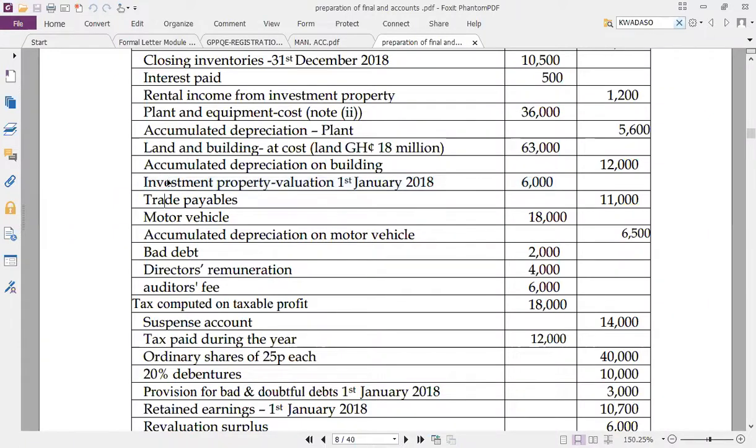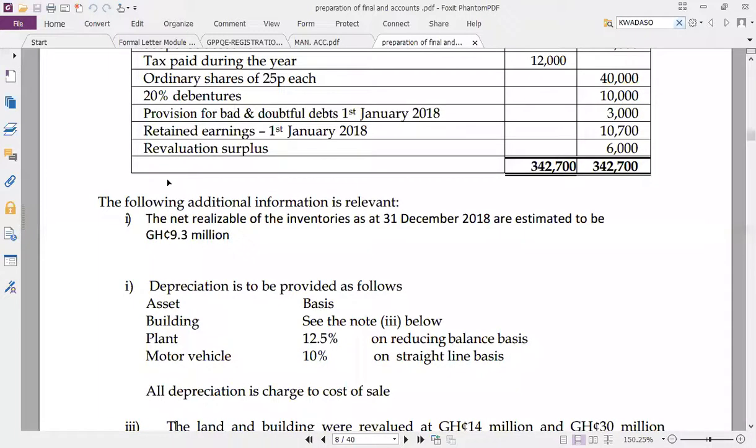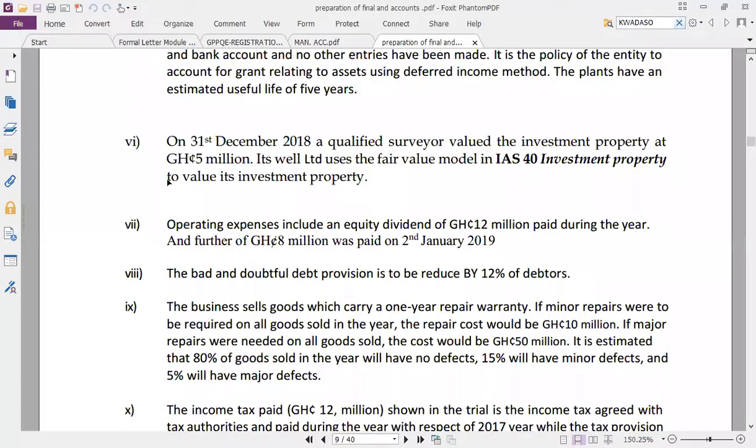At the end, that's 5,000, which must be added to your operating expenses. However, assuming the fair value has increased from 6,000 to, let's say, 7,005, it has increased by 1,005. Since they're using the fair value model, it must be recorded as other income. Agreed. That will be part of other income.